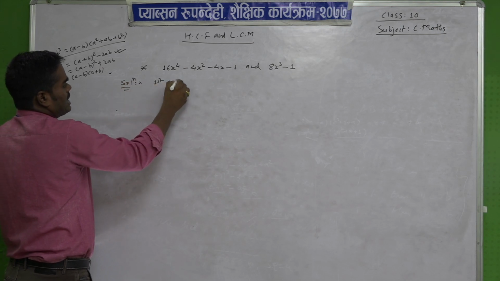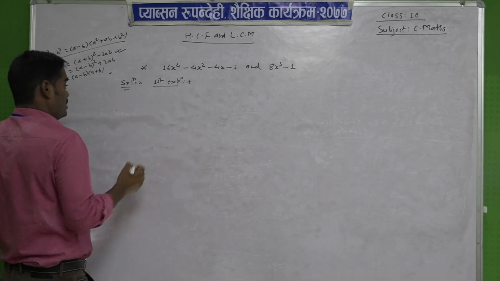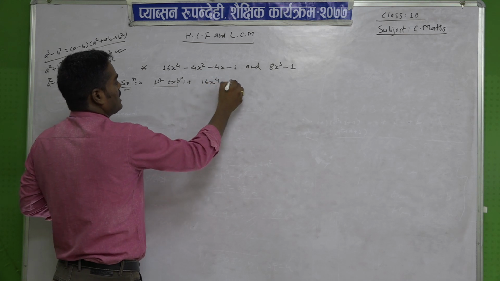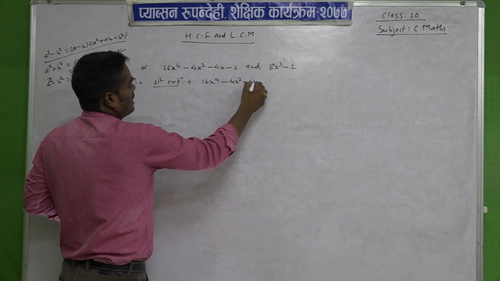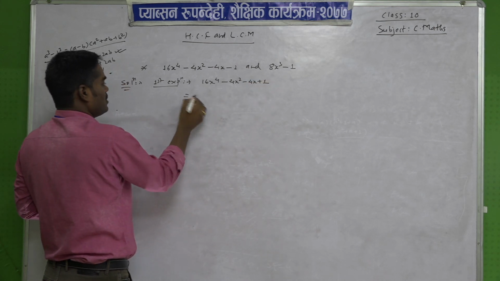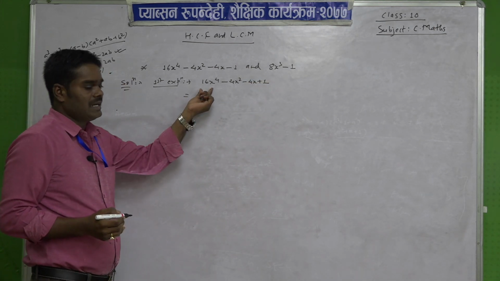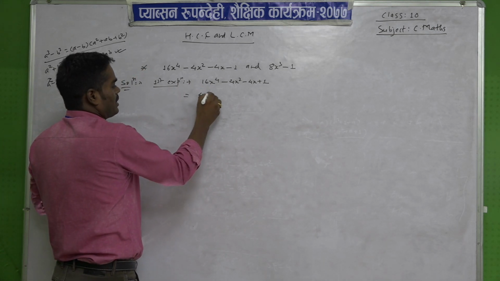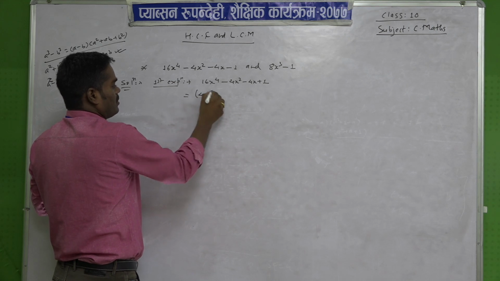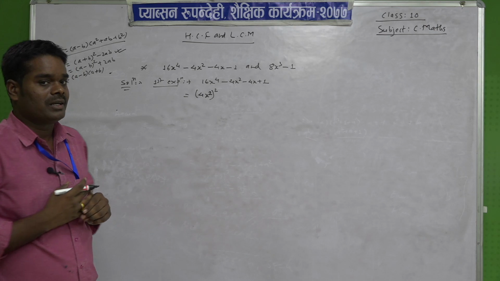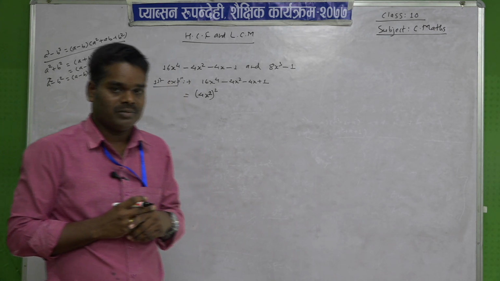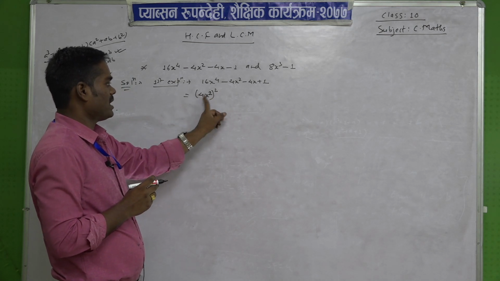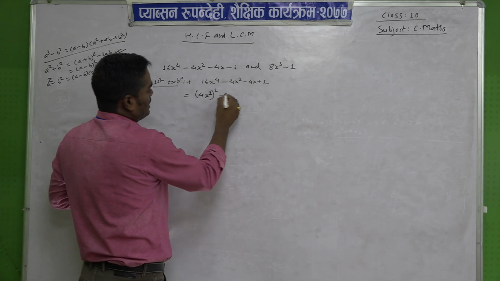First expression, what is here? 16x power 4 minus 4x square minus 4x plus 1. Here we can write this term completely in the form of a square. So you can write here 4x square whole square. You know very well, power over power, then they are multiplied. 2 to the 4, and the square of 4 is 16. Here we can take common.